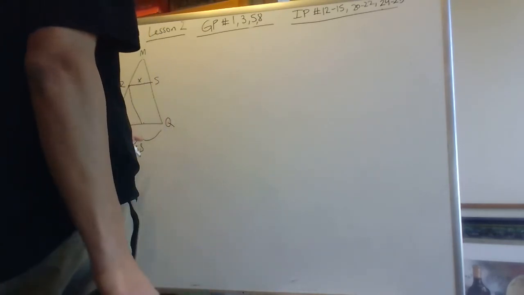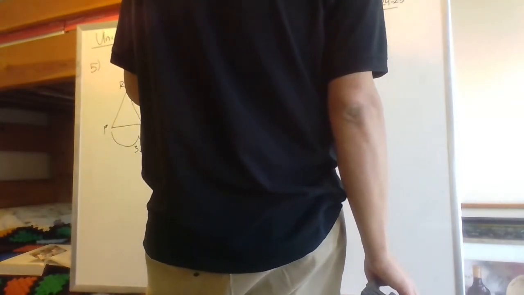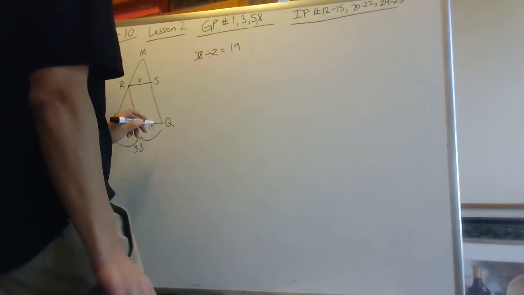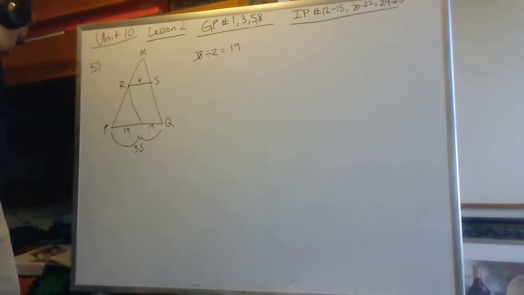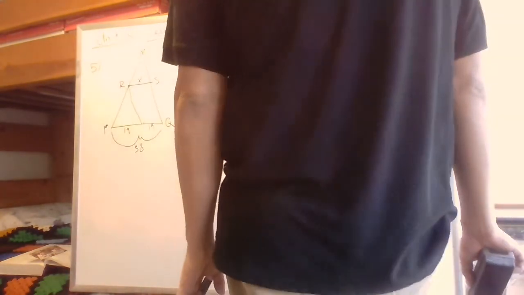So that means that 38 divided by 2, and that is 19. So that means that this little portion right here is 19, and this little portion right here is 19. So it says that we want to find the value of RS.